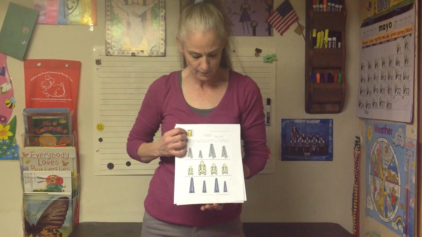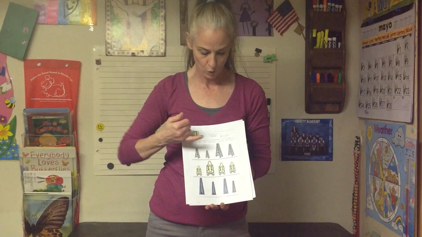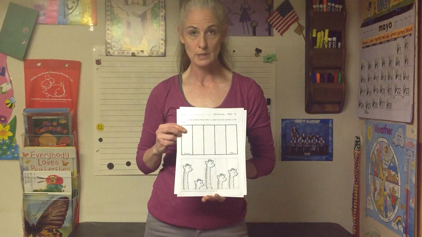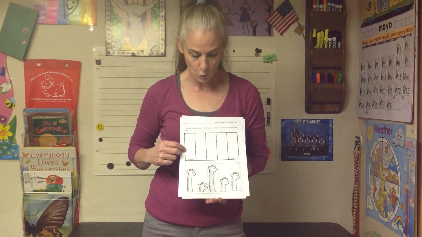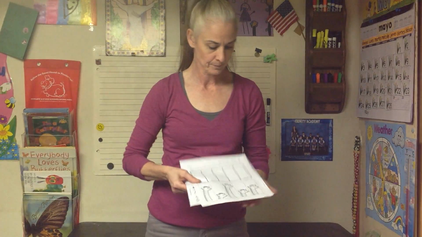And here's a little tip for you too. When you're comparing, if there's some of them that are very close in size, you could find the one that maybe is the tallest and make a line straight across, and that's how you can see. So make yourself like a measuring frame. Okay, and then you're going to do something similar to what you did yesterday with length. You ordered them in length. You're going to order the giraffes, shortest to tallest.